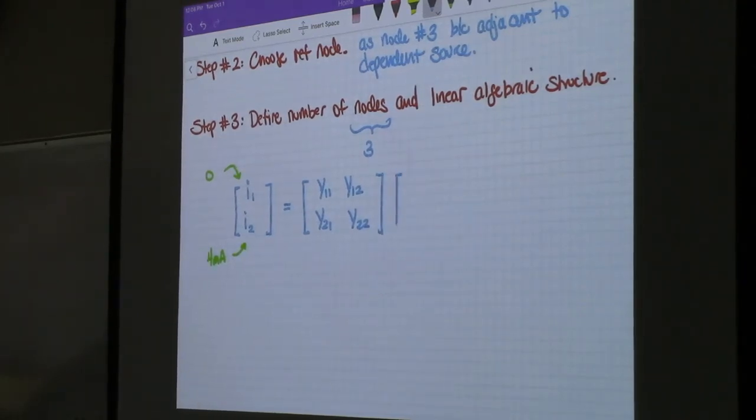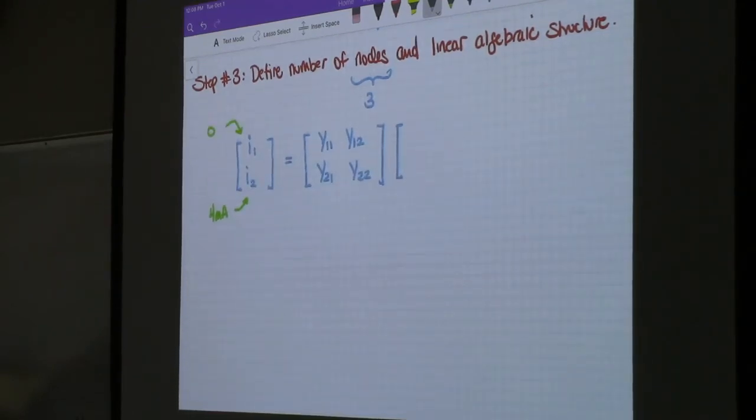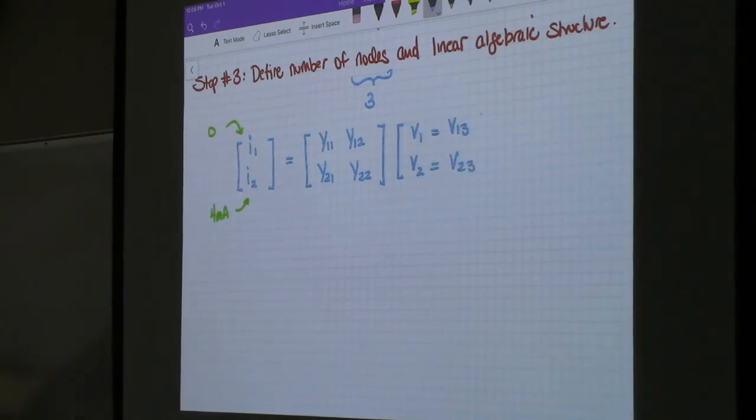And then that would lead us to a value of V1 and V2, which is the same thing as V13, is the same thing as V23. Right? So this is going to be our original form.